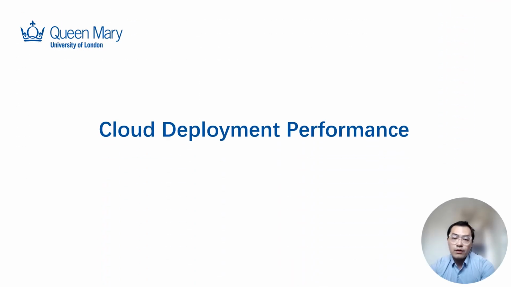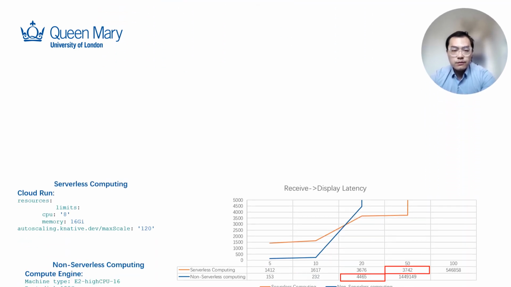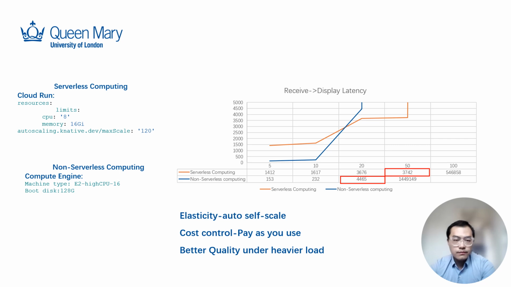Then let's have a look at the performance on cloud deployment. We test 2 different cloud deployment strategies, serverless computing and non-serverless computing. We use Cloud Run of GCP as our serverless computing deployment.